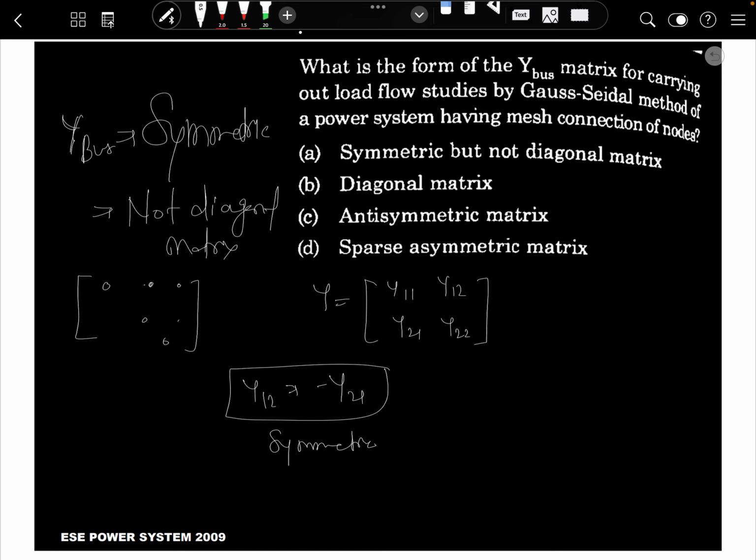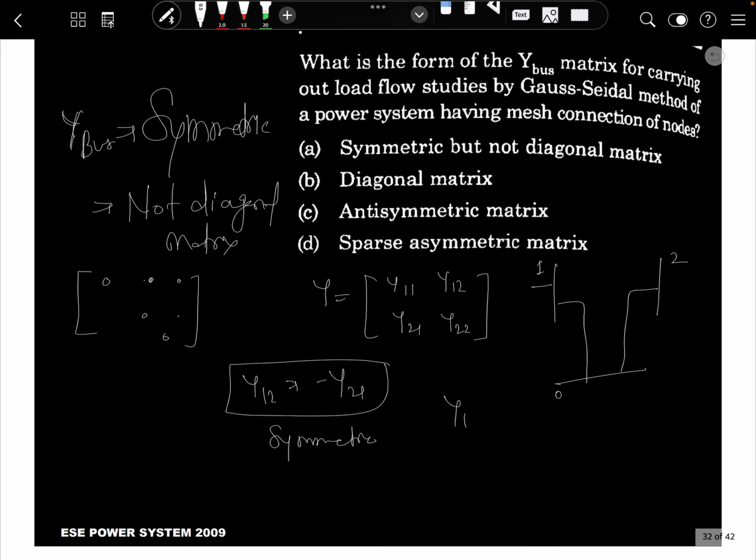And for diagonal elements, if it is bus 1 and bus 2, this is 1, this is 2, and connected with some 0 meaning ground, so there must be a Y11 there is a connection, like we have to write it like Y112. I can write it again here.